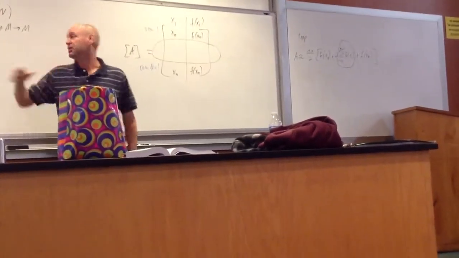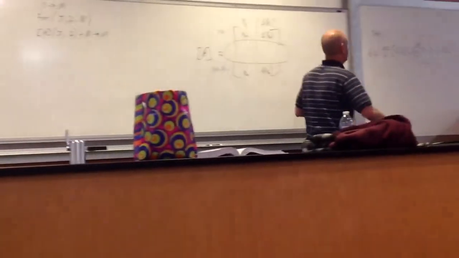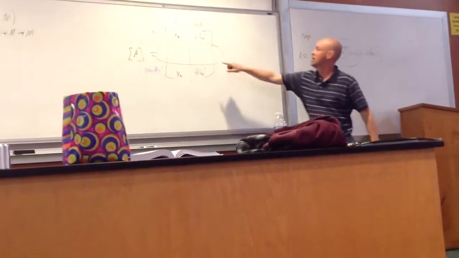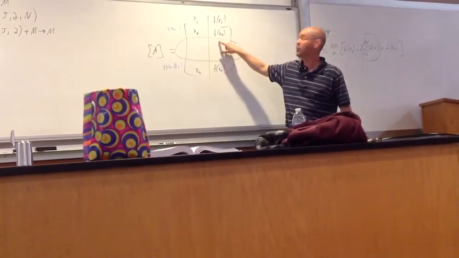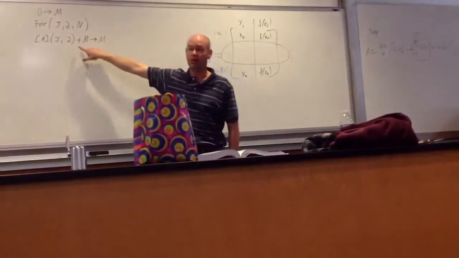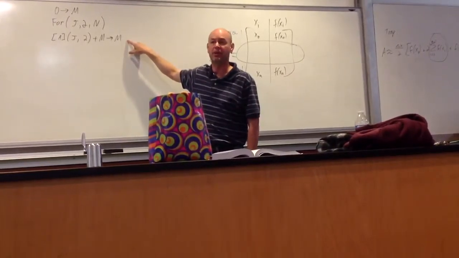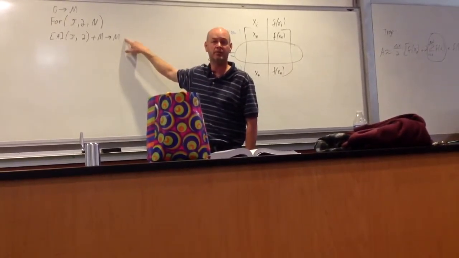So let's take the first piece. When j starts at 2, it's going to take f of x of 1 and add that to 0 and store that off as a number. Whatever number that becomes is now my new m.